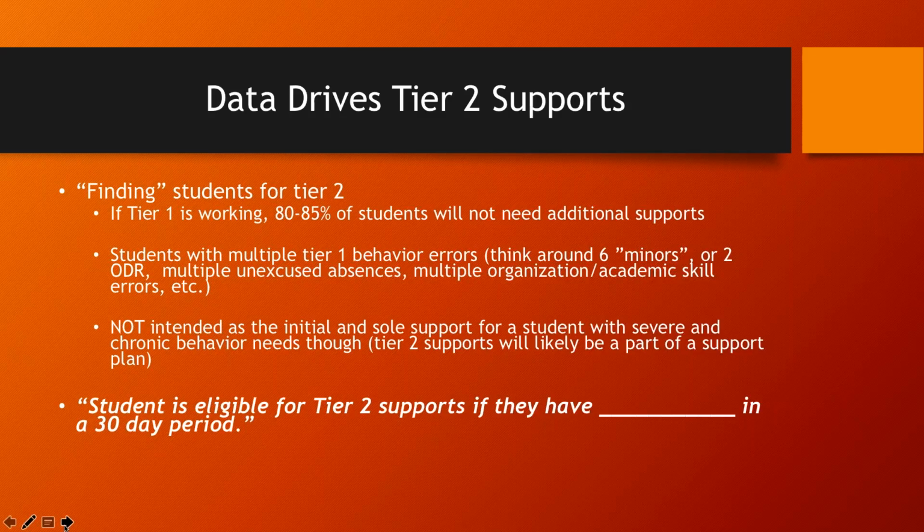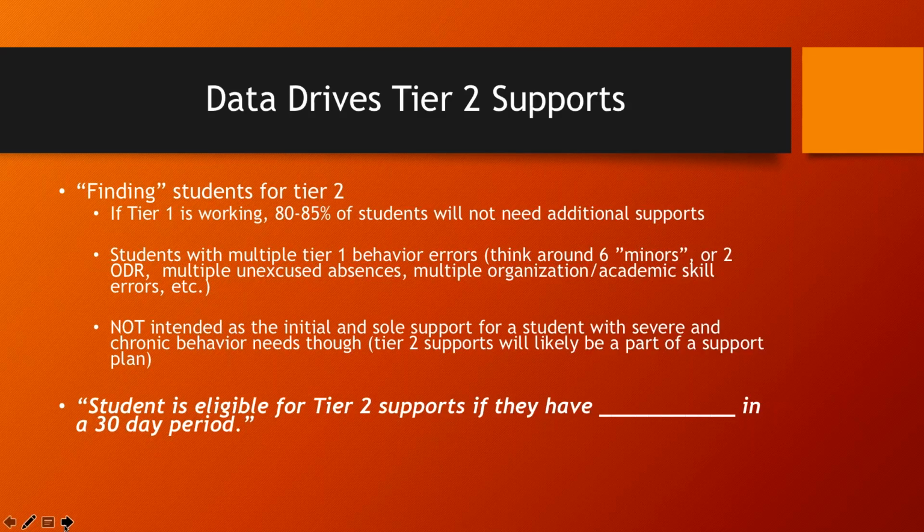So students with multiple Tier 1 behavior errors. So this isn't a hard and fast rule. This is sort of a ballpark to get you thinking about how does our universal function, what is typical, but think around things like 6 minors or 2 office discipline referrals, students with multiple unexcused absences, so 3, 4, 5, students that are struggling with some minor organizational or academic skills.